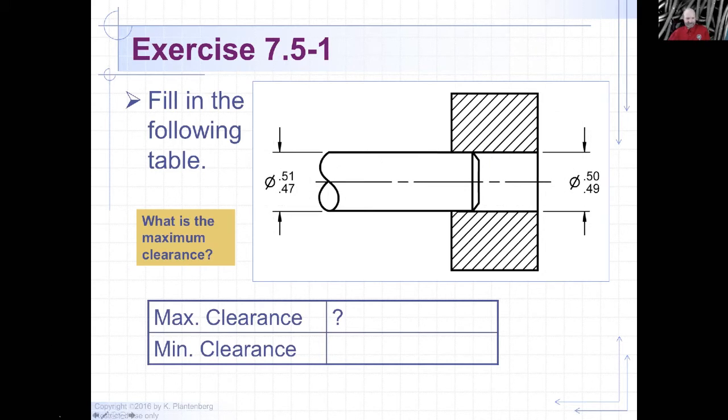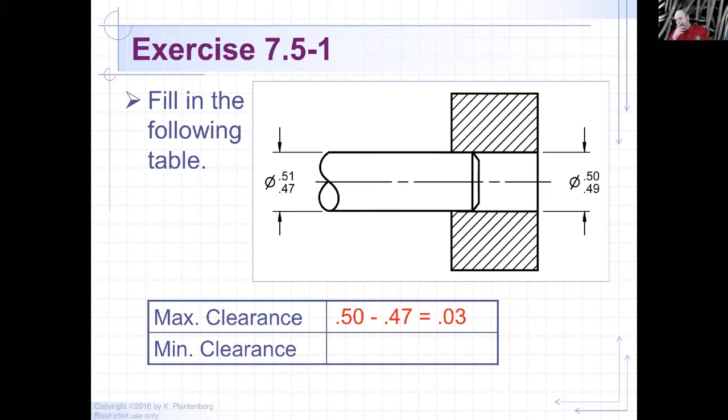All right, you guys got it. Minimum clearance? Now we're cooking. It's a negative number, isn't it? Negative 0.02.